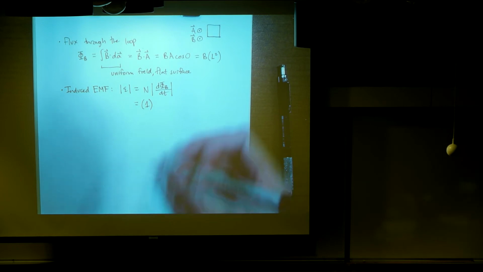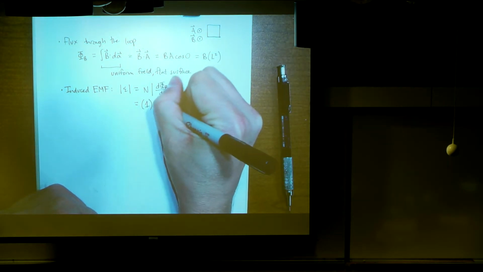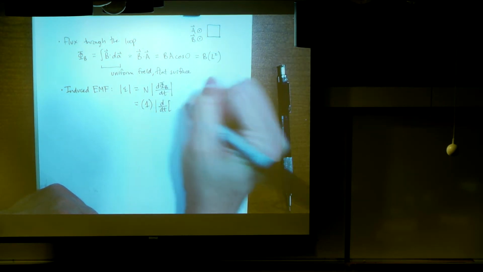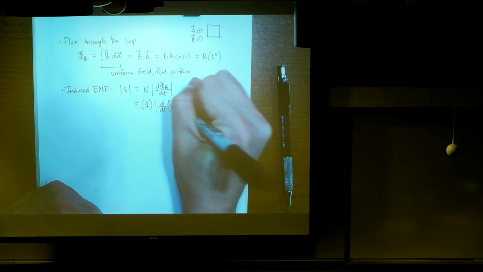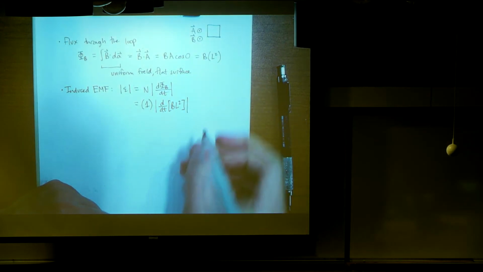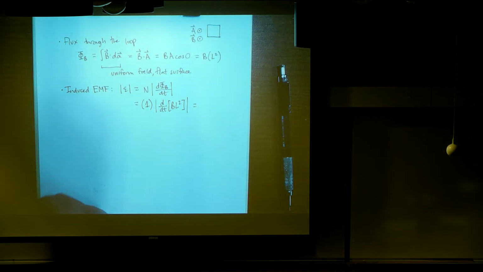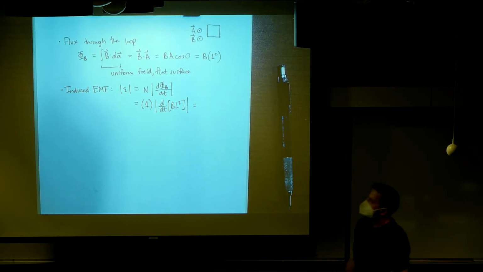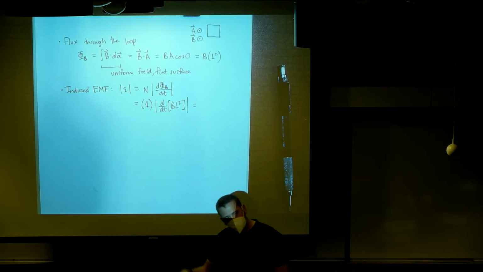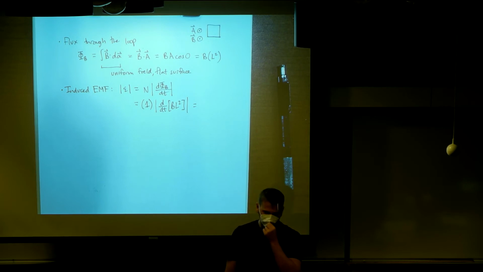And then what we're doing is we're taking the derivative with respect to time of B times L squared. Now, somebody tell me, we're taking a derivative, we want to pull out constants. What can I pull out as a constant, if anything? L squared. Yeah, L squared, but B is not constant, okay?